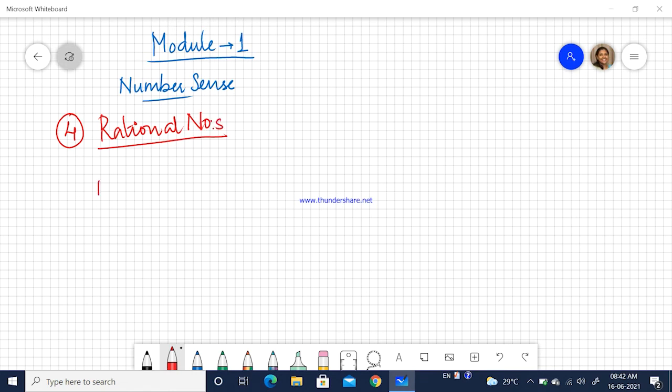Suppose I have a number 1.5. This is a decimal value, and it can be represented as 3 by 2. If I can represent it in the form of a fraction, 3 by 2, this is called a rational number.